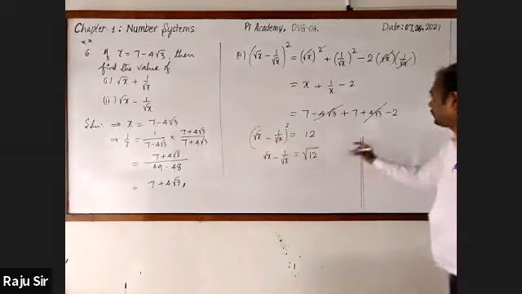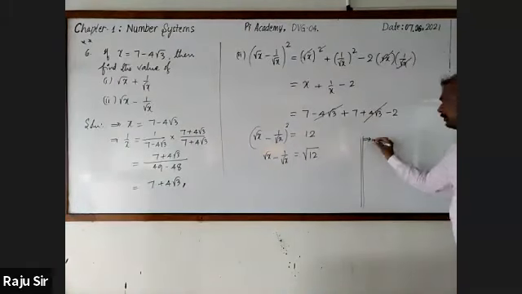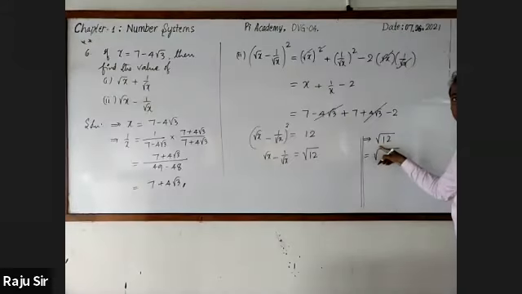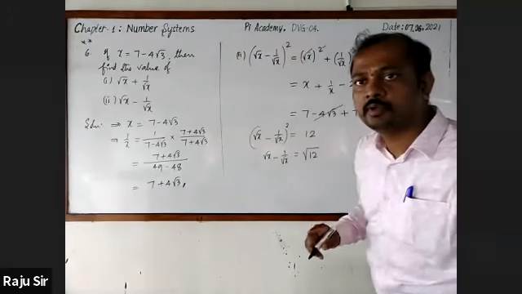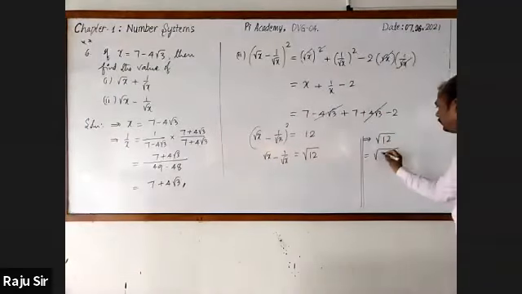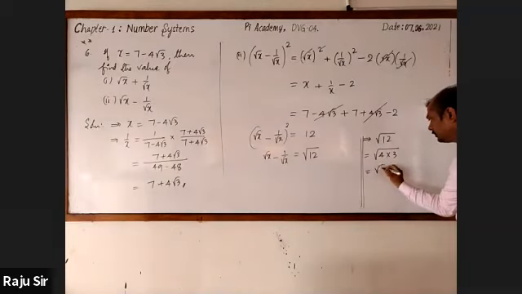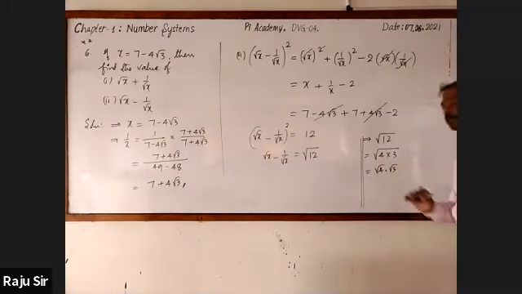Look at it. Now root 12 is there, let us simplify this. Let me tell you how. 2 into root 12, we write root 12 as square root of 4 into 3. 4 3s are 12. Now it is to be written as square root of 4 into square root of 3.